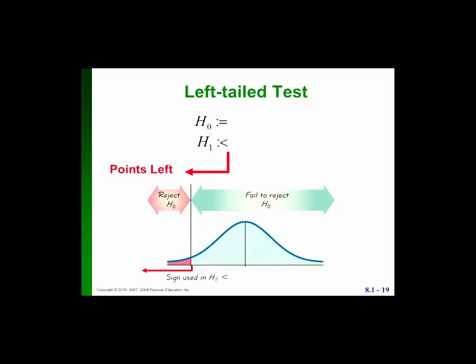If you want to assign some words to this slide, which is kind of short on words, what you could add is: if the alternative hypothesis has a less than, this is a left tail test.